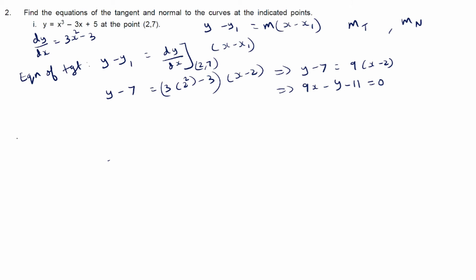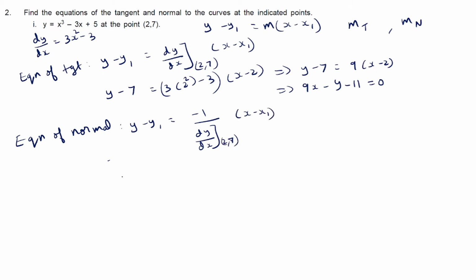Now coming to equation of normal. So equation of normal is y minus y1 equal to minus 1 by dy by dx at the point 2 comma 7 into x minus x1, or we have y minus 7 is equal to minus 1 by dy by dx at 2 comma 7, which is 3 into 4 minus 3, which is 9, into x minus 2.